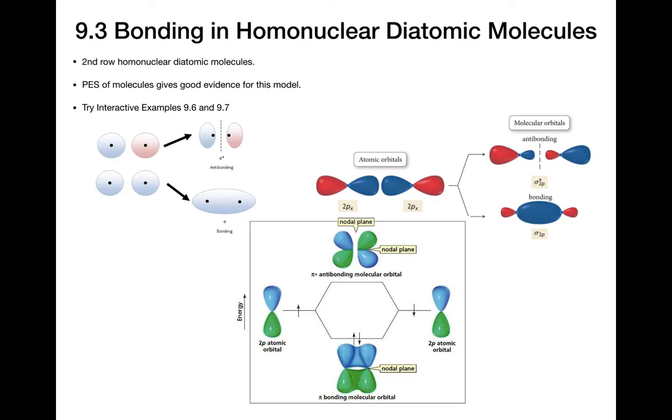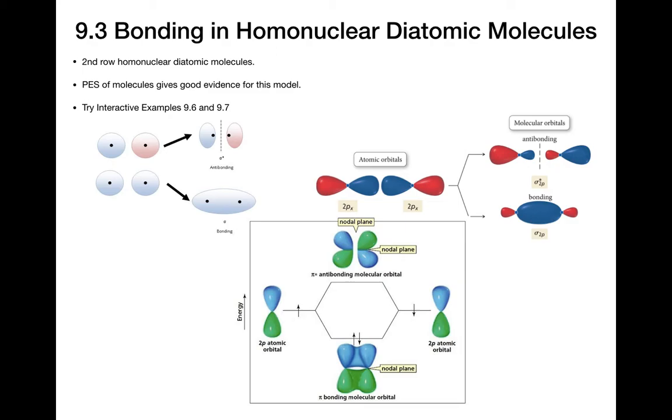But if the amplitudes do not match up, we would have some anti-bonding orbital, and so we would have the majority of the electron density pulling the nuclei apart, and that's called an anti-bonding or a sigma 2p star.